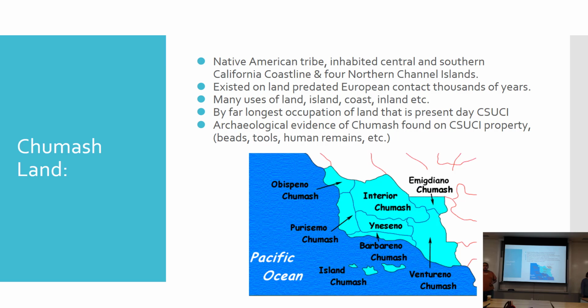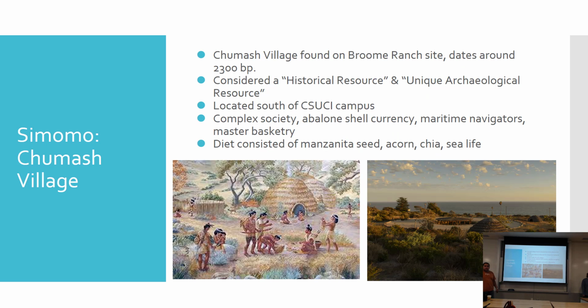Archaeological evidence and historical sites are found on our campus and in the surrounding areas. The first example is the village of Simomo. I actually learned about this village by meeting a Chumash man on the bus about 2 weeks ago.